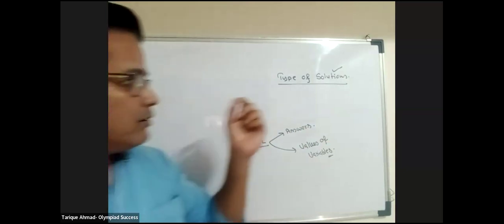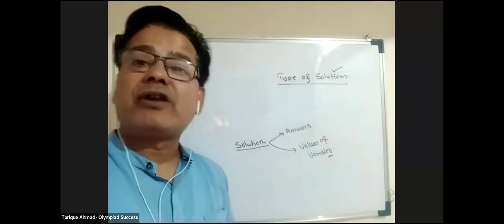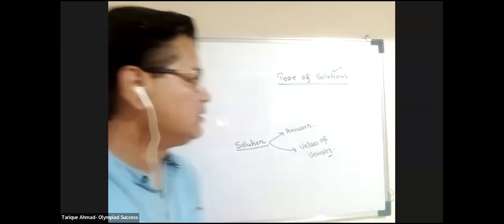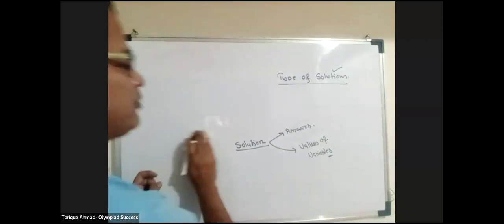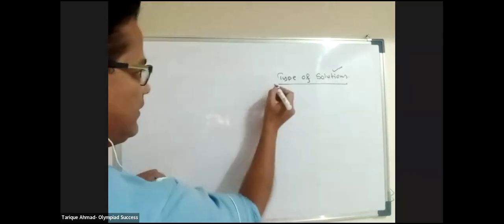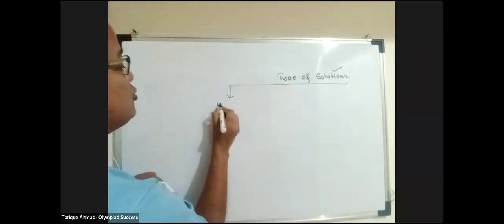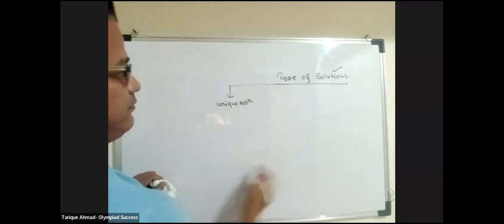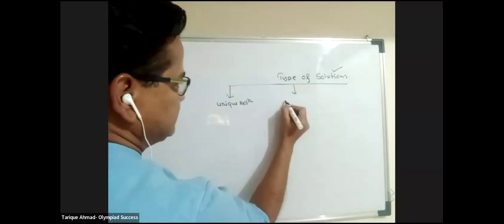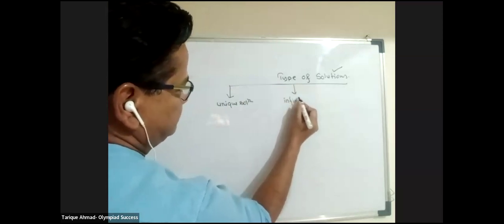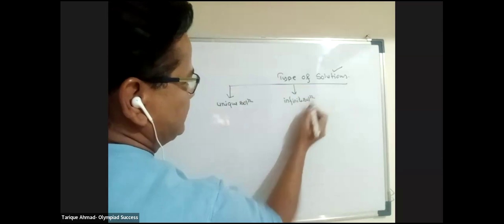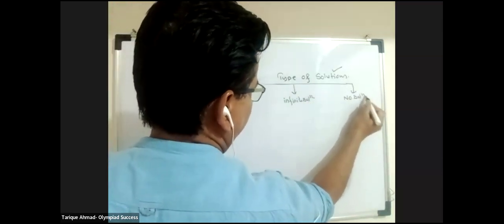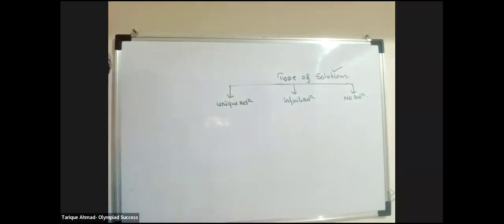So how many types of solutions are there? Basically there are three types of solutions. The first one is unique solution. The second one is infinite solution. And the third one is no solution. So these are the three types of solution.